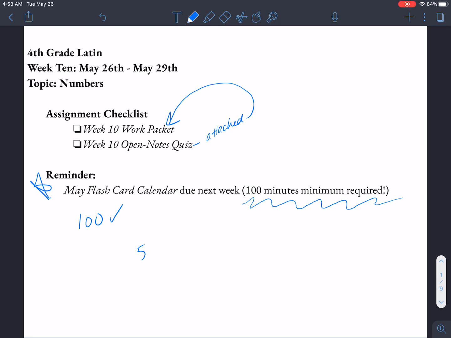That's not so good. And remember, this May flashcard calendar counts 4 times. So if you study for 100 minutes, you get 4 hundreds on a homework. But if you study for 5 minutes, you get 4 grades of a 5 going into your grade book, and that can really hurt. So please, I implore you, get in your flashcard study time. 100 minutes. Awesome.